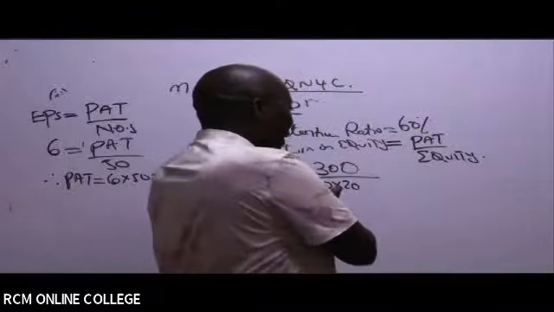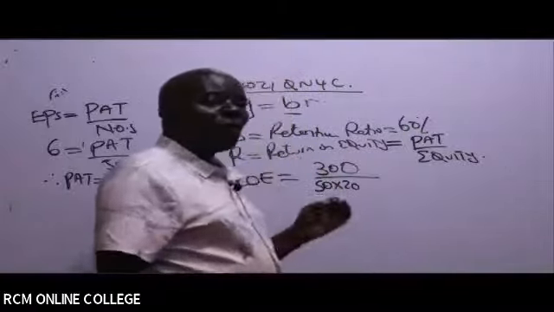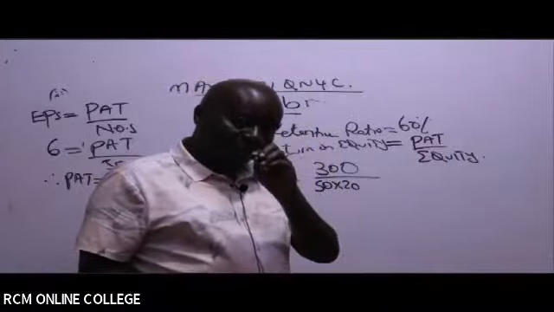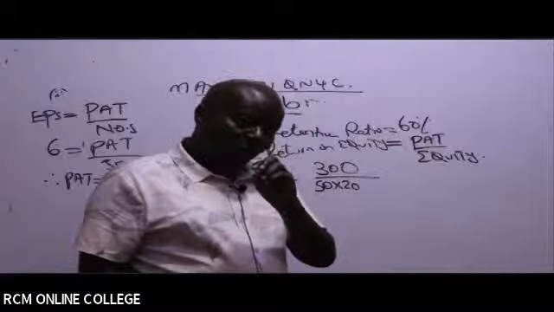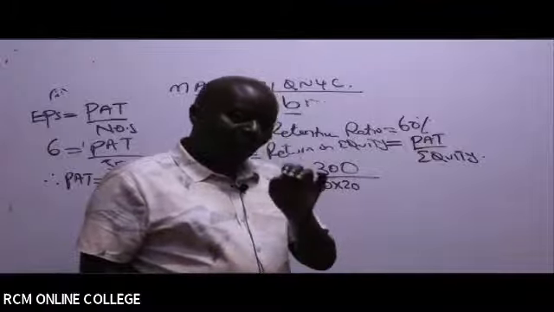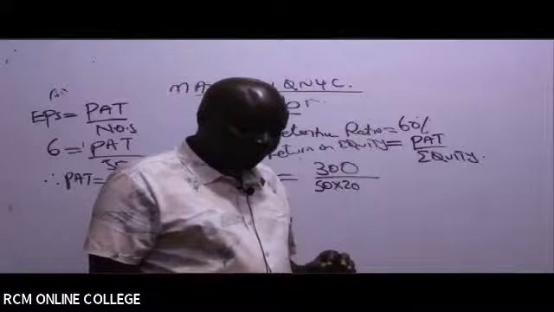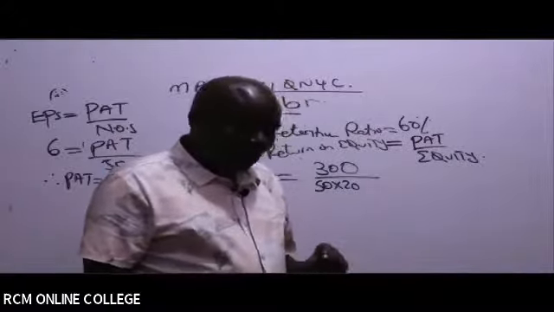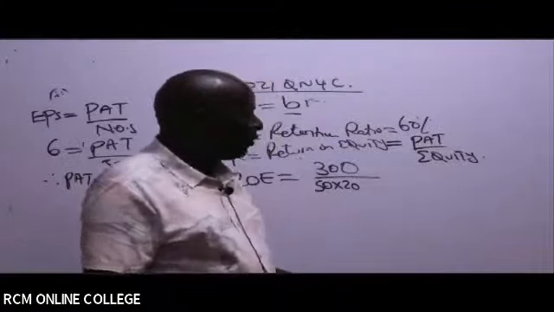It doesn't stop there. Remember, equity capital includes share capital and any reserves which belong to equity holders. They're telling us that the firm's total revenue and the capital reserves amounted to 500.